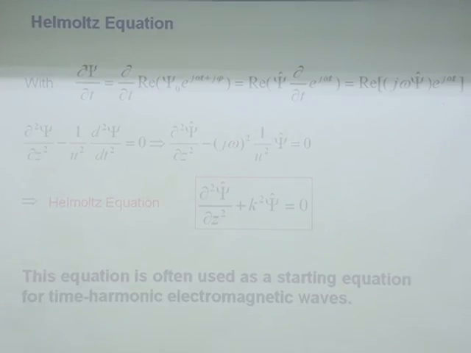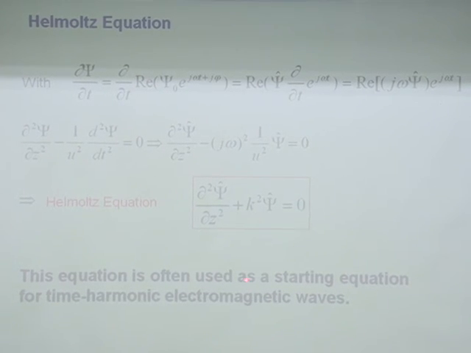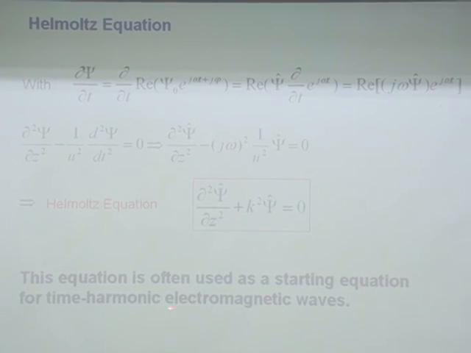And there's a name associated with this equation. We call this Helmholtz equation. Okay, and this equation is often used as a starting equation for time harmonic electromagnetic waves. Well, be careful that this equation is only valid when you assume it's a time harmonic field.